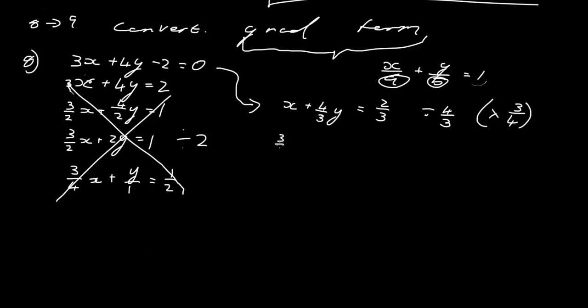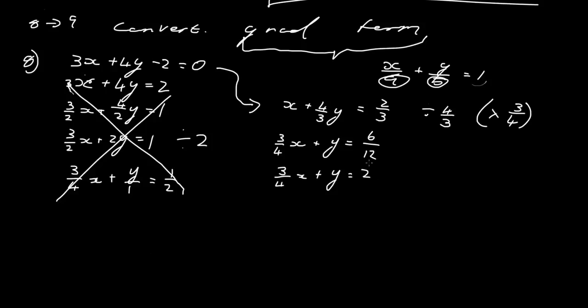So, 3 over 4x plus y is equal to 2 over 3 times 3 over 4, which gives us 6 over 12, which leaves us with 3 over 4x plus y is equal to 2.